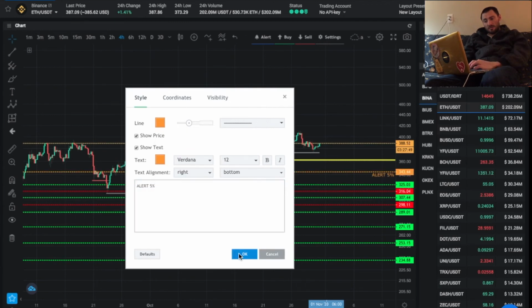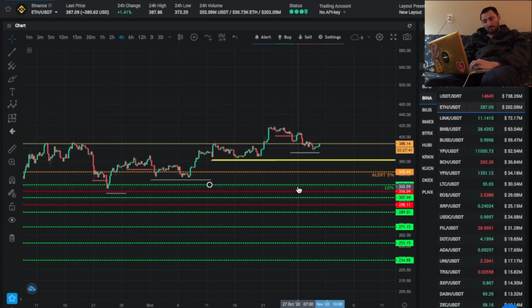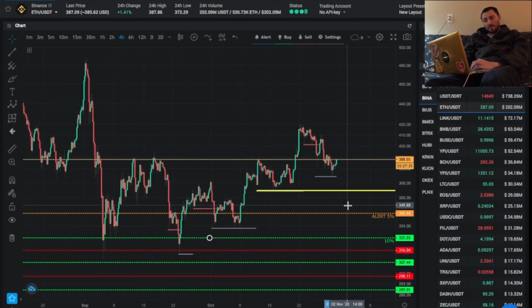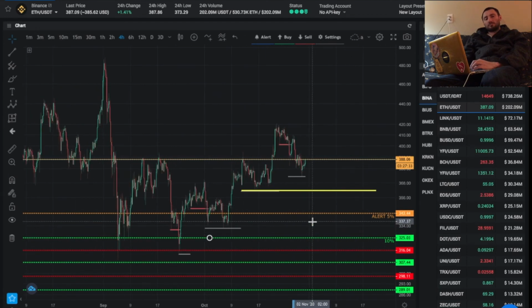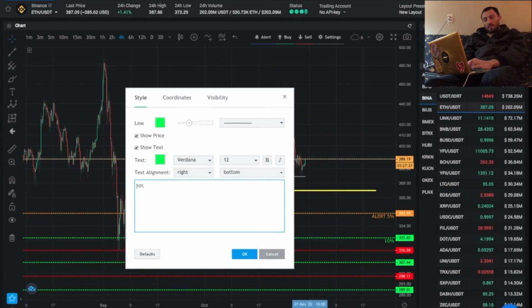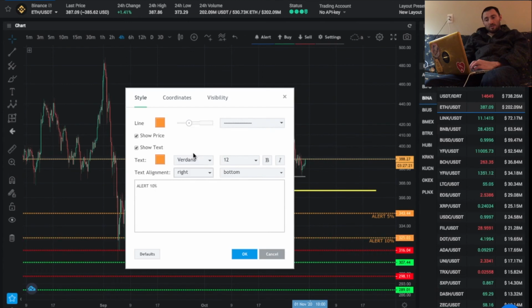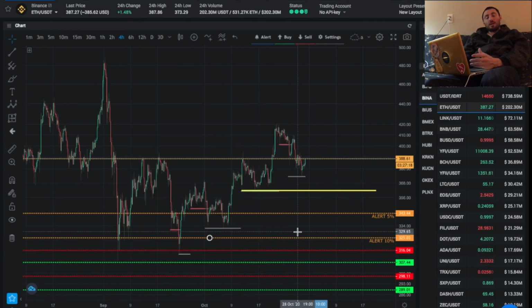Alert 5%. This will be 10%. I mean, look. I would consider this an alert, realistically, because if I'm going to tell a friend and they're going to trade exclusively Ethereum, I'm going to tell them, hey, I don't want you to lose money.